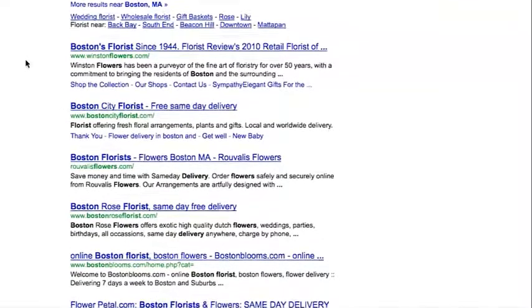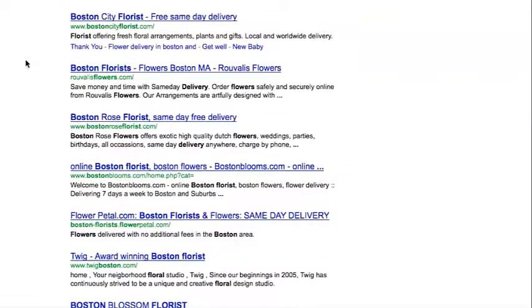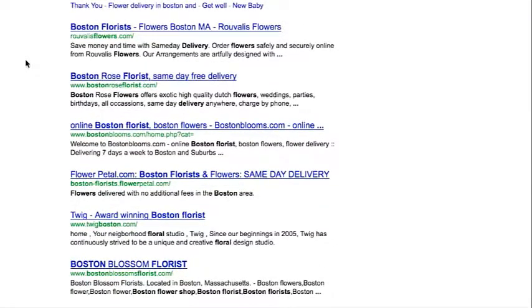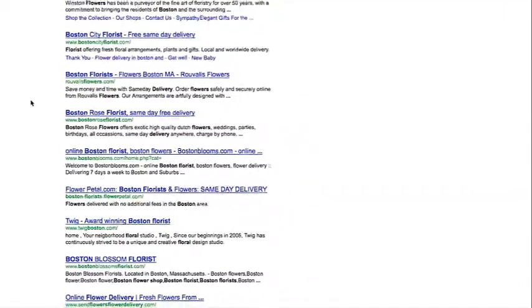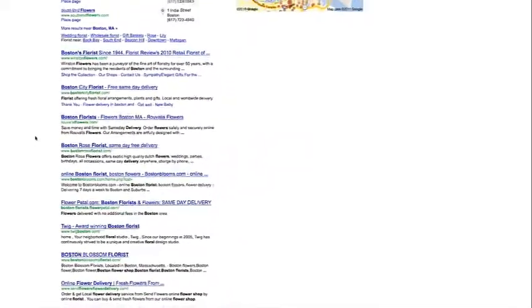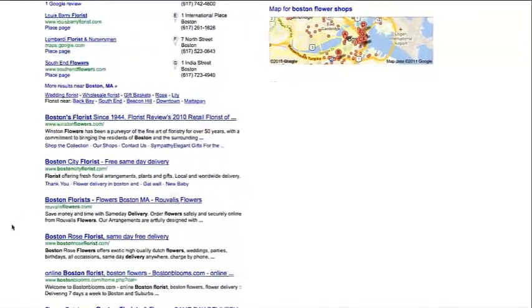However, there are several businesses here that come up on each one of these searches, and they are the ones that have done very well with all this keyword stuff. So the chances of some random person finding them, some random person who has never heard of their business before but wants their services, is dramatically increased. In the online world, this is the equivalent of your shop having a prime location with a lot of foot traffic.